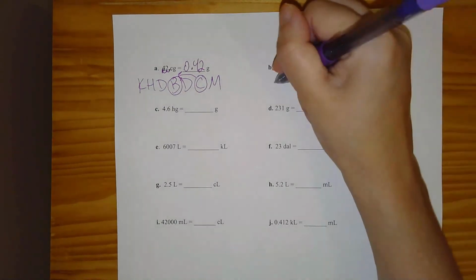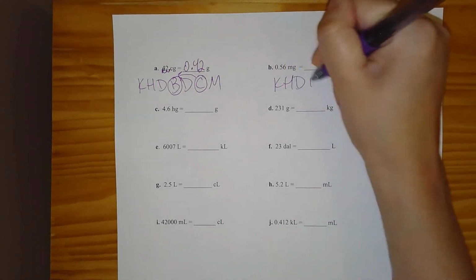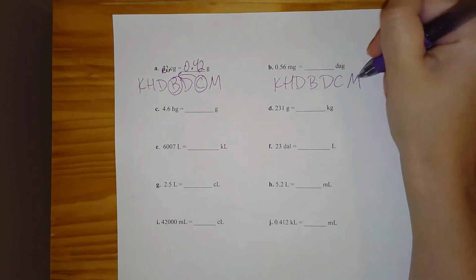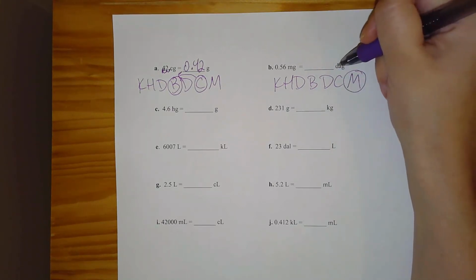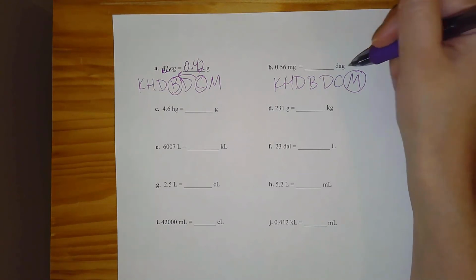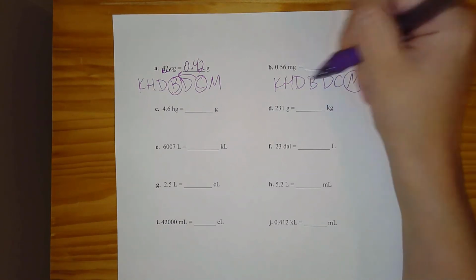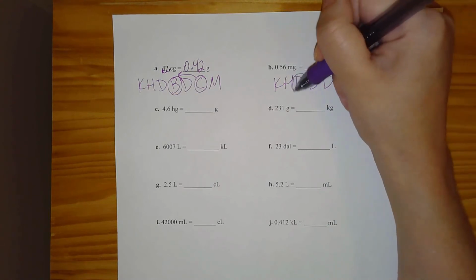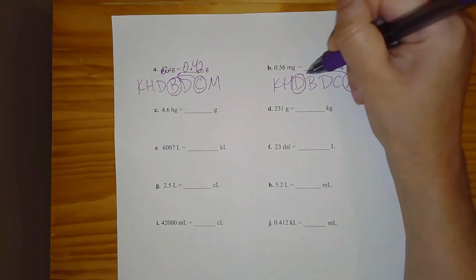The next one, King Henry died by drinking chocolate milk. We're going from milligrams, that's the M, to decagrams. So decagrams is the larger of the D's. There's 2 of them. There's decigrams, that's the smaller one, and deca, that's the larger one. So we're actually going all the way over here.